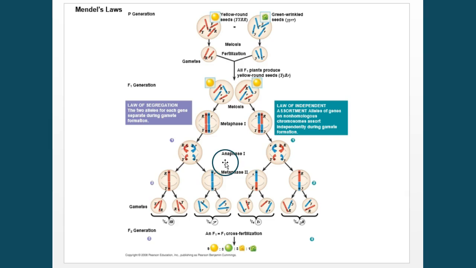Notice to the left you have your homologous pairs lined up in the same order, red to blue. And so when they separate from each other, one daughter cell will end up with all red chromosomes, and one will end up with all blue.